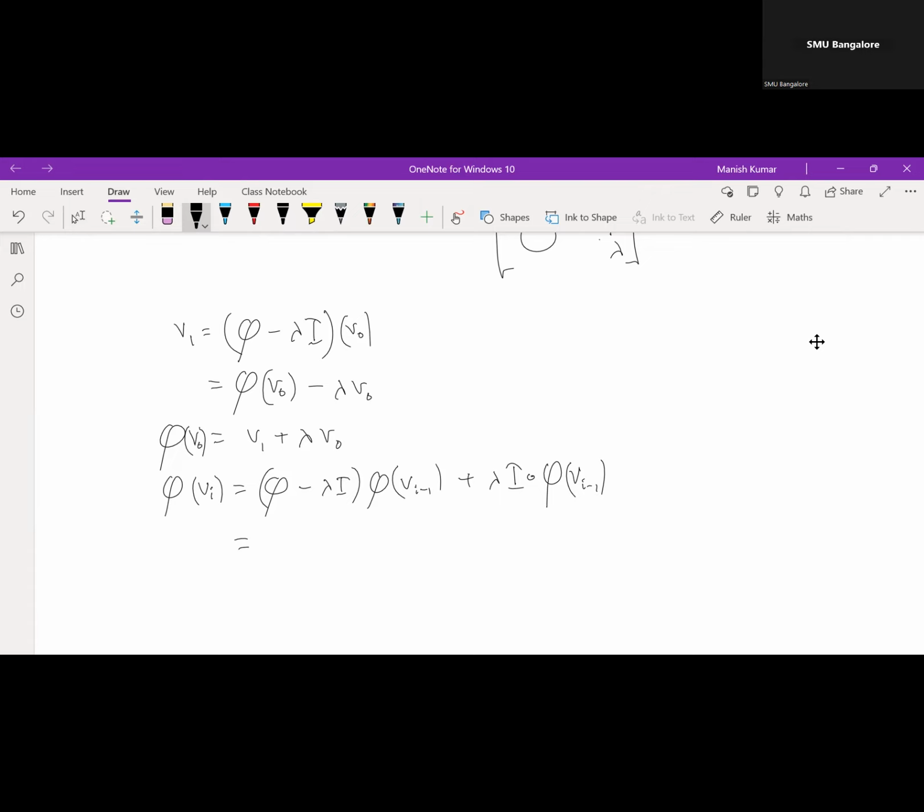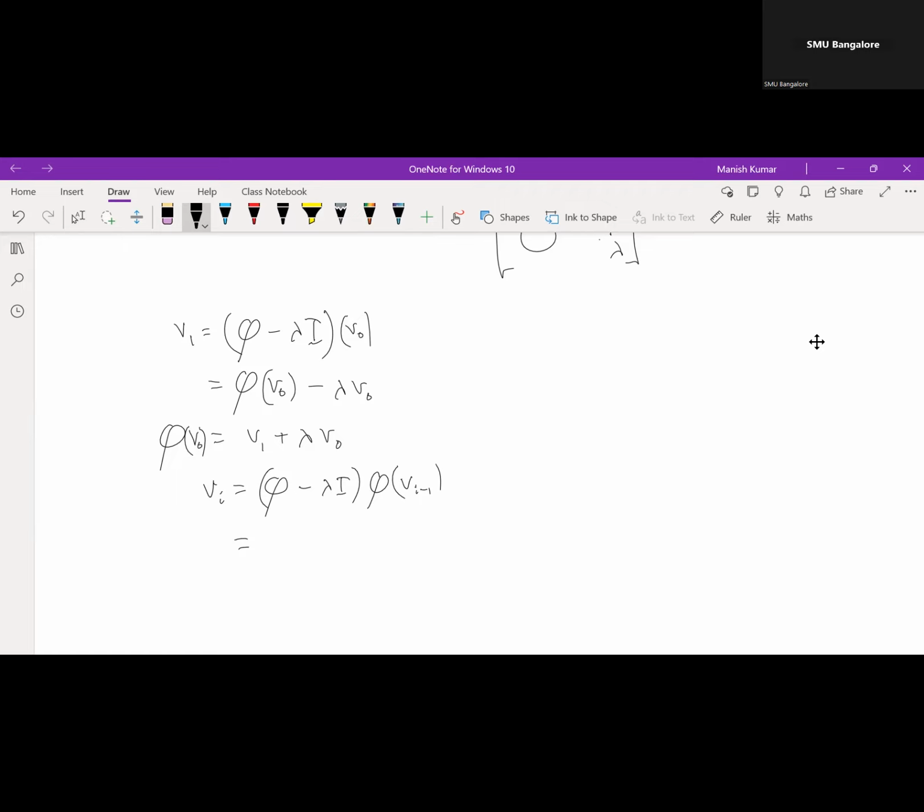No, this is not what I wanted. So let's not write it this way. What I wanted is that Vi is phi minus lambda I times Vi minus 1.